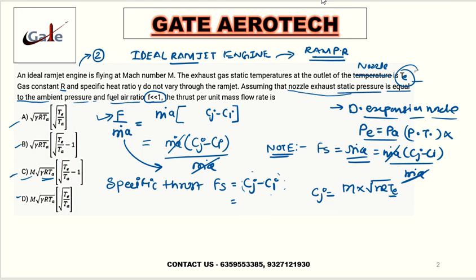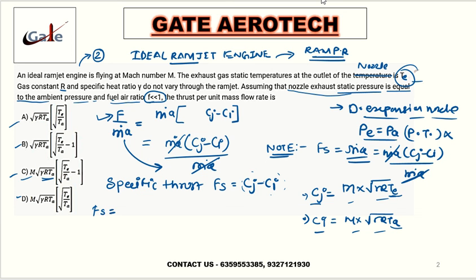They have given it here. And Ci can I write in this way, M, because the inlet Mach number and exit Mach number in an ideal ramjet engine are the same. Okay, if you don't know, please go through any propulsion book, you will find this. So I can write Cj and Ci in terms of Mach number and sonic velocity, depending on the corresponding temperature. Okay, so I am writing that now.